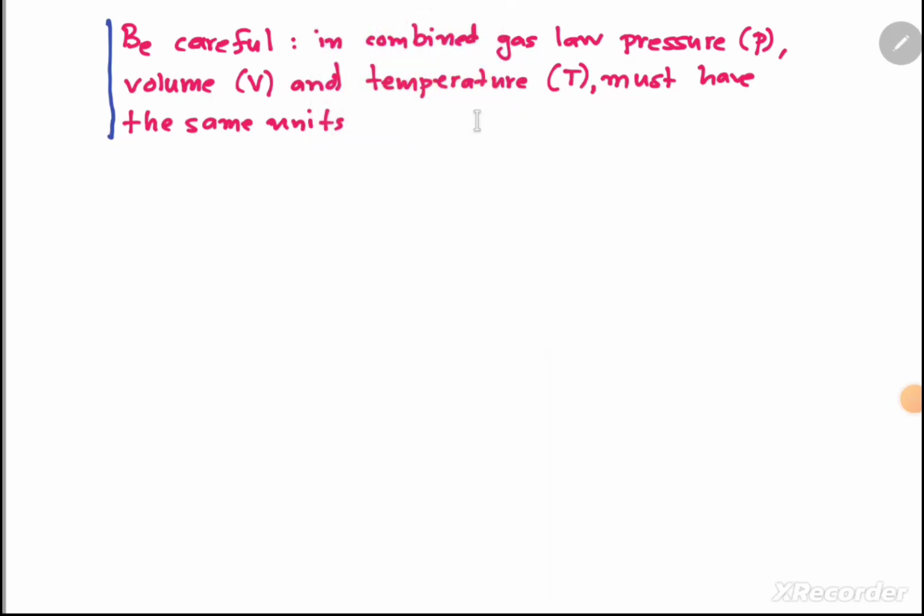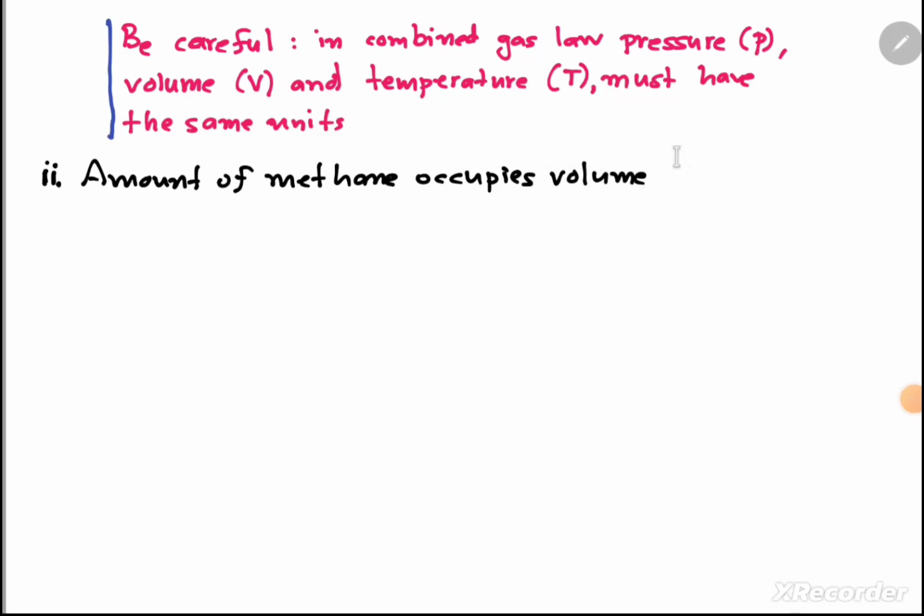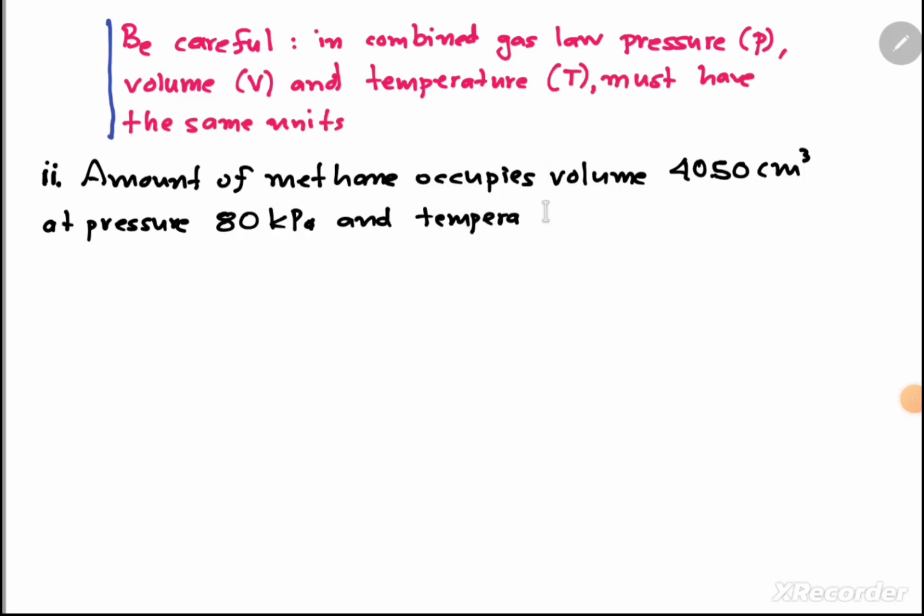Let's see example 2. Amount of methane occupies volume 40.50 centimeter to the cube at pressure 80 kilopascal and temperature 27 Celsius degrees.